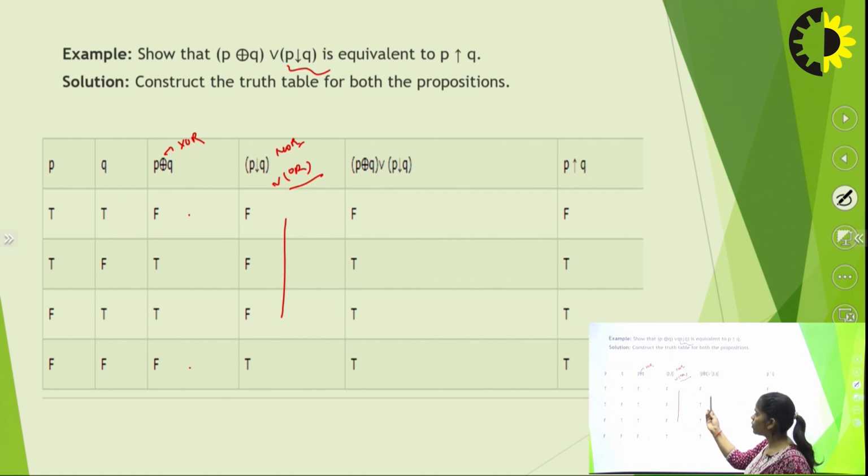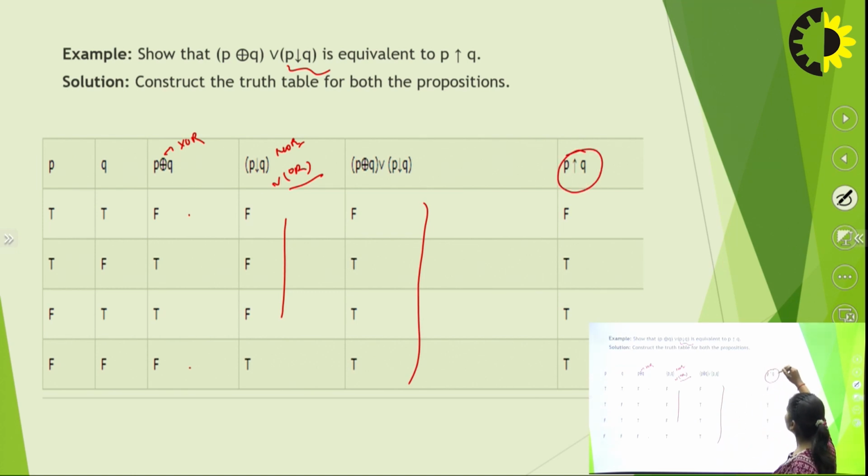So false, false is false, otherwise the values will be true in all cases. And what will be the table for NAND? In NAND we have true equal to false, otherwise we are getting true in all cases. So these two are equivalent in nature. So this is how we solve these types of questions using a truth table.